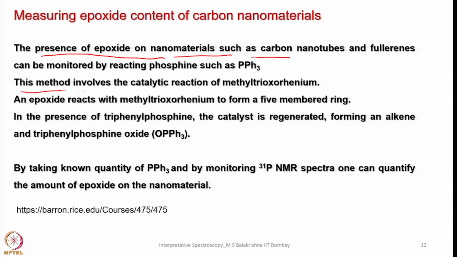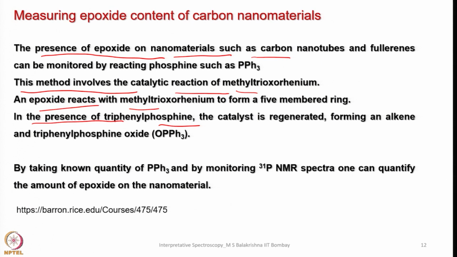So this method involves the catalytic reaction of methyl trioxorhenium. An epoxide reacts with methyl trioxorhenium to form a 5-membered ring, and in the presence of triphenylphosphine, the catalyst is regenerated, forming an alkene, and then triphenylphosphine oxide is formed.